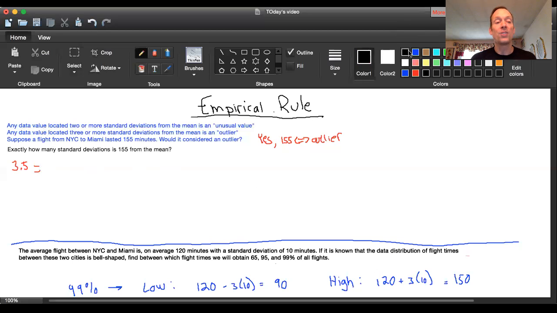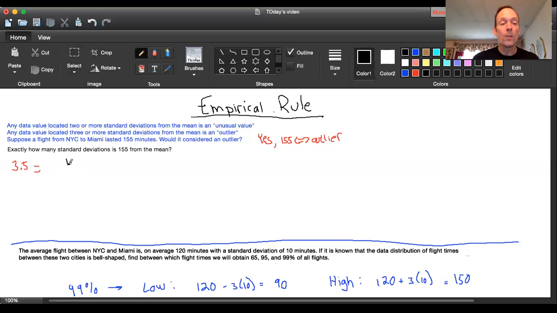Originally, when we were trying to say how many standard deviations is 155 from the mean, what we really needed to do was say how far is our observation from the mean and get that answer in terms of standard deviations. So here's what it looks like when we translate that into a numerical formula.